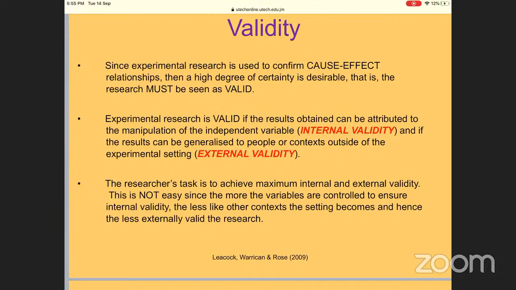If it's true outside of our artificial research study, that's called external validity. No study in the world can maximize both. So you're trying to figure out how to do a study that's going to tell whether the association between the two variables really is what you're claiming at the end. Next slide.